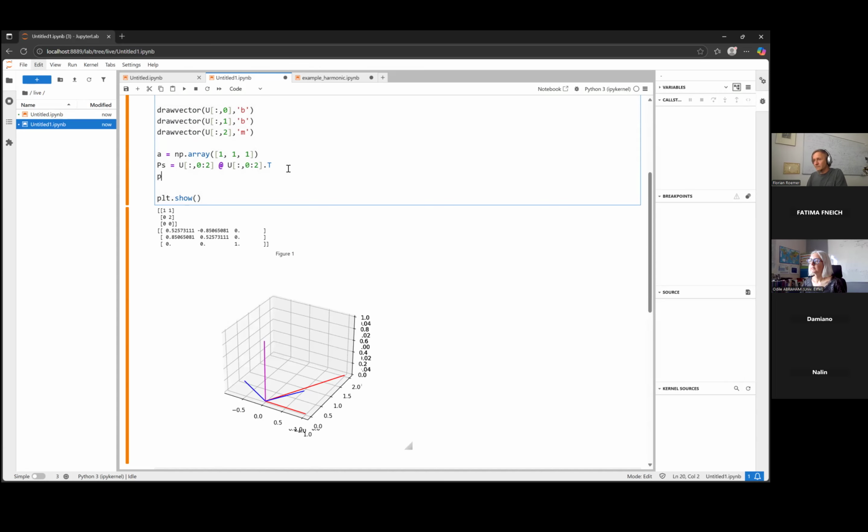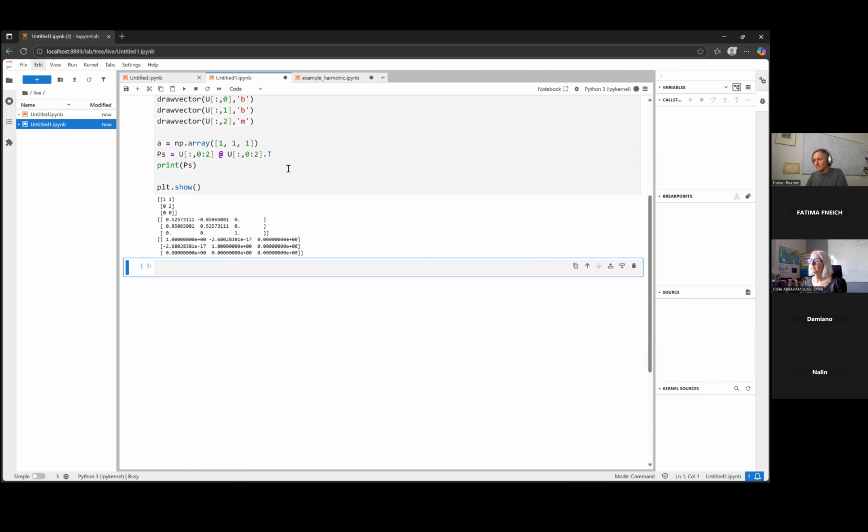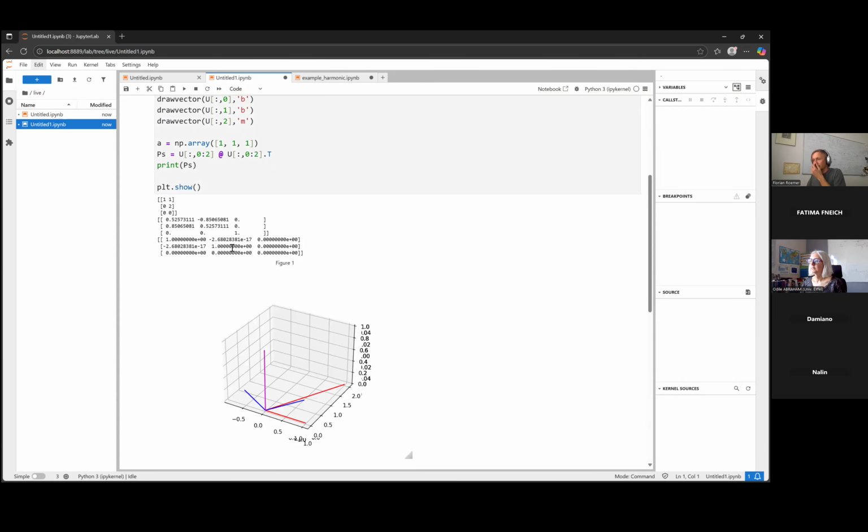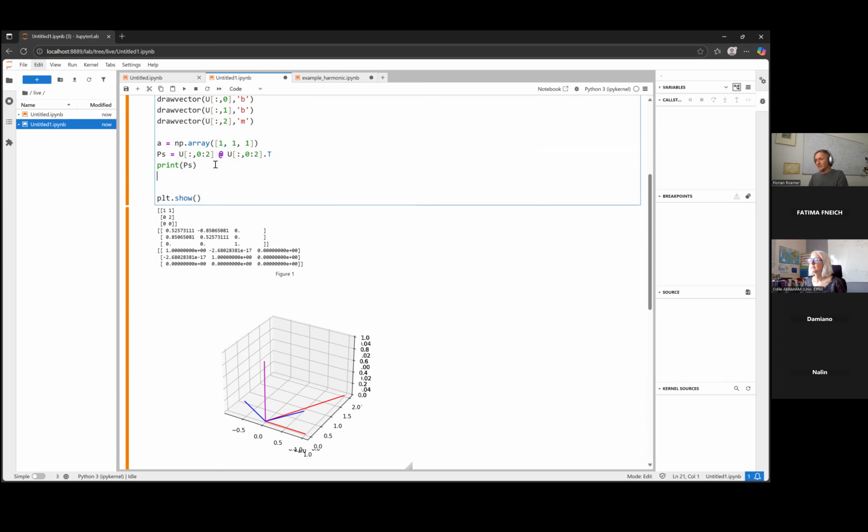And then, let's see if that did what it should. Yeah, ignore the 10 to the minus 17, that's just a rounding error. You can see it's 1, 0, 0, 0, 1, 0, 0, 0, 0. So it's actually a projector on the plane, which we can see by saying AS is PS times A.